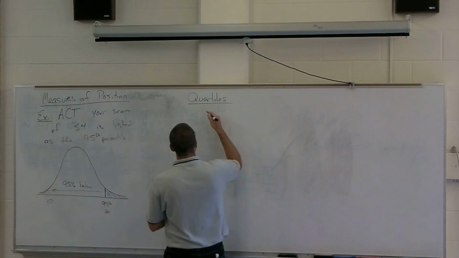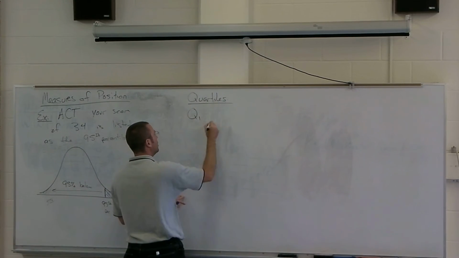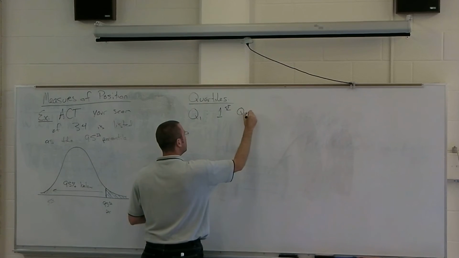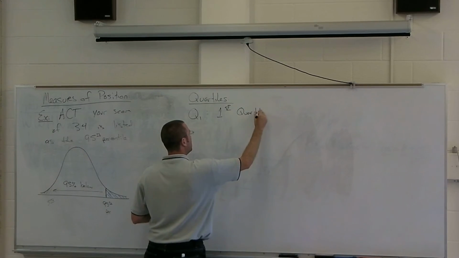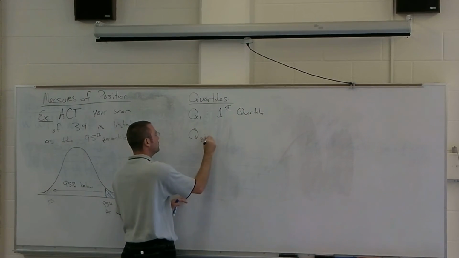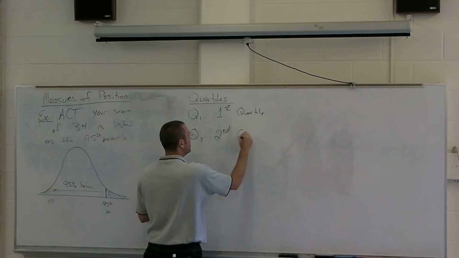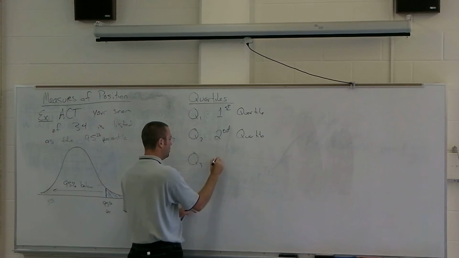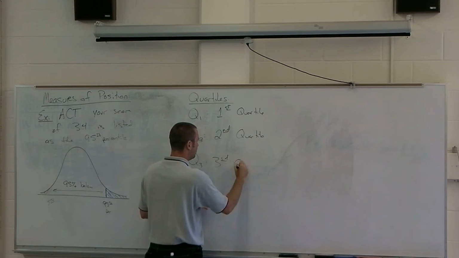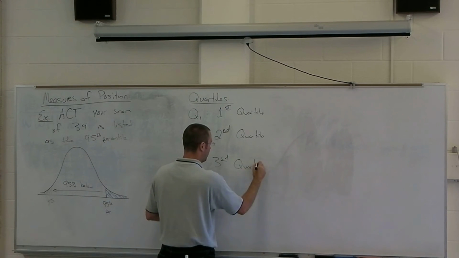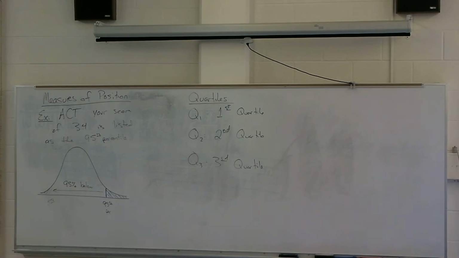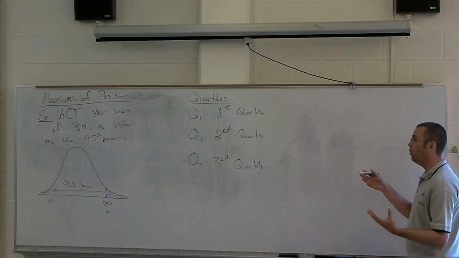The quartiles are listed as Q1, first quartile, Q2, second quartile, Q3, the third quartile. All right, now the term quartile should indicate to you, much like a quarter, you're talking about 25% somewhere.